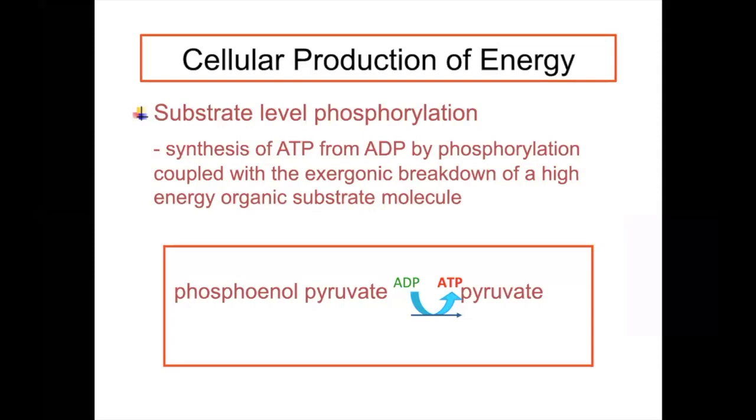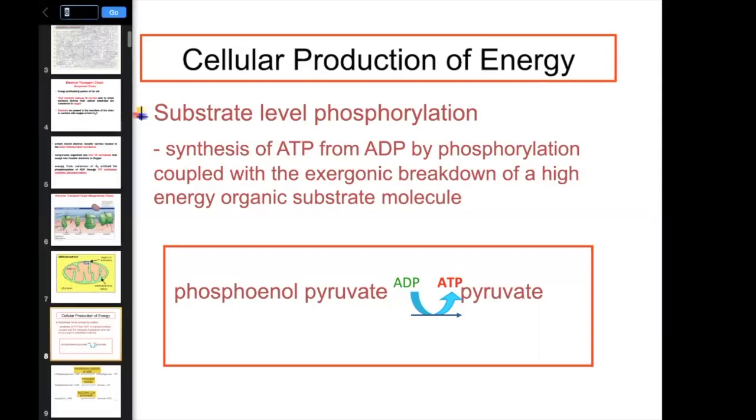But before we mention oxidative phosphorylation, I want to mention another form of phosphorylation, or cellular production of energy, which occurs outside of the mitochondria. And this is what we call substrate level phosphorylation.